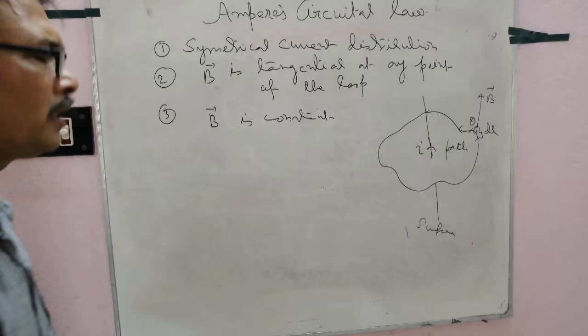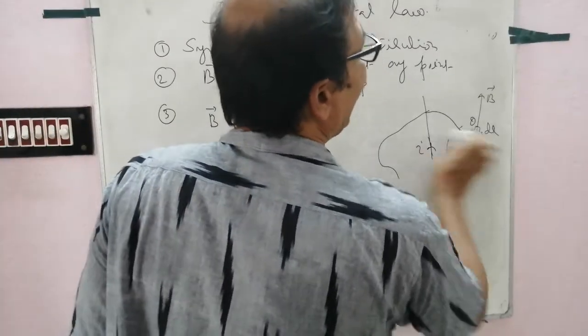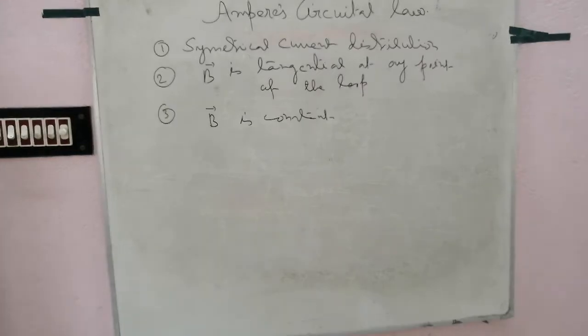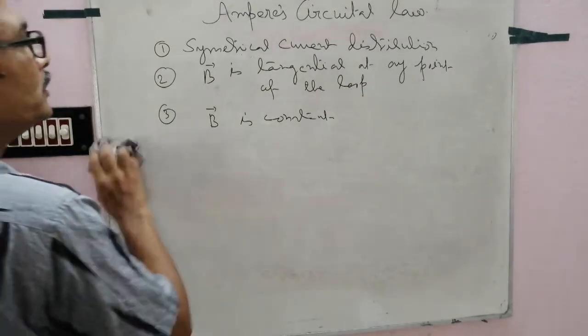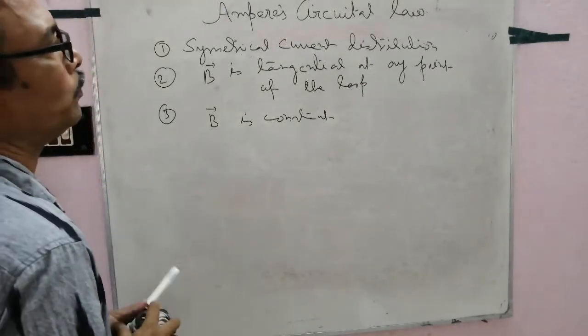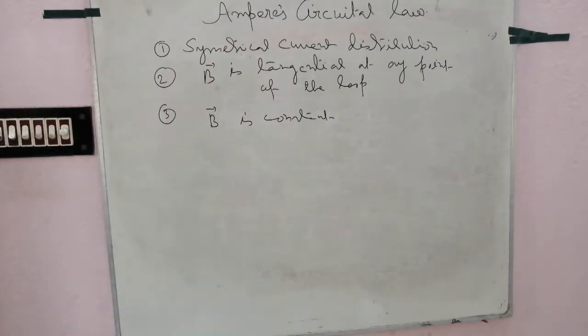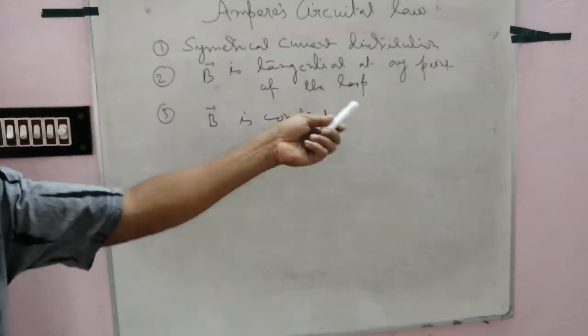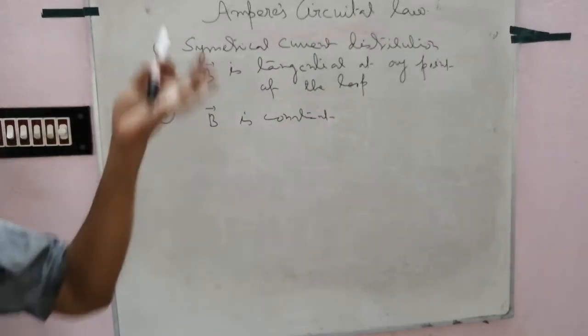Now we can prove Ampere's circuital law. Follow, note it: symmetrical current distribution, B is tangential at any point of the loop, B is constant or maybe 0.